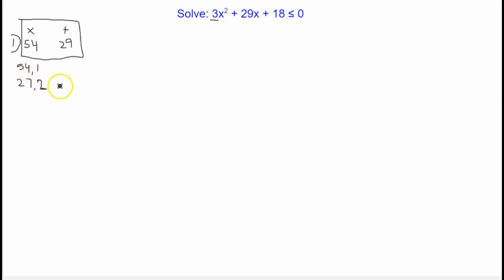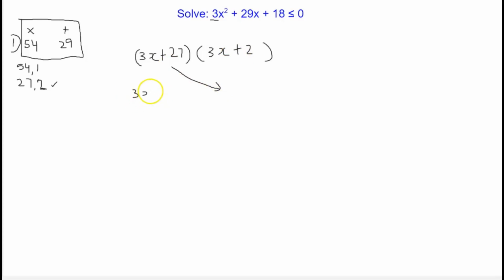So I'm just going to use this now and write 3x and 3x, and slot in the values here, positive 27, positive 2, and now I can divide all this.